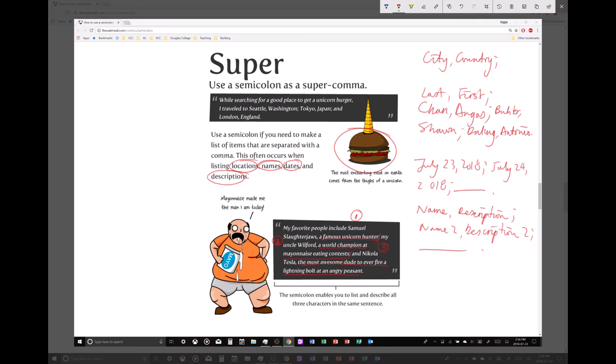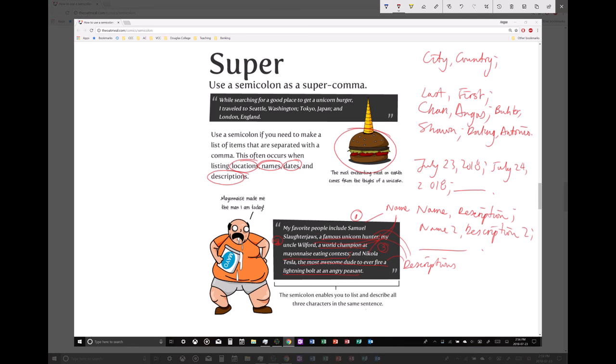So that's number 3. So you can see here the name of the person. That's Samuel Slaughterjaws and Uncle Wilford and Nikola Tesla, and then the descriptions: unicorn hunter for Samuel Slaughterjaws, world champion at mayonnaise eating contests for Uncle Wilford, and most awesome dude to fire a lightning bolt at an angry peasant for Nikola Tesla. So these are sort of joke examples, but the lesson is there.